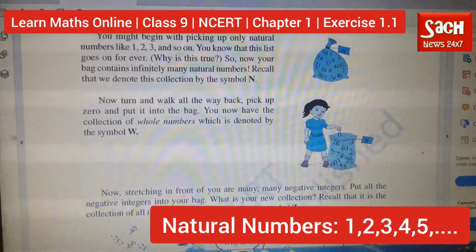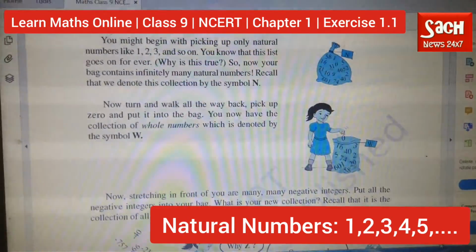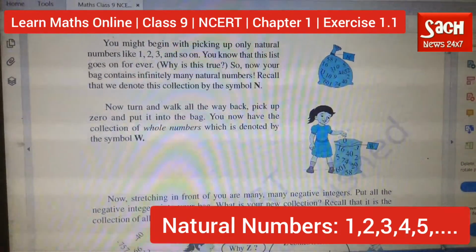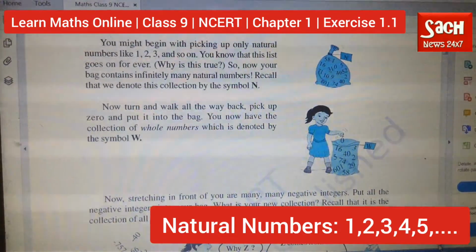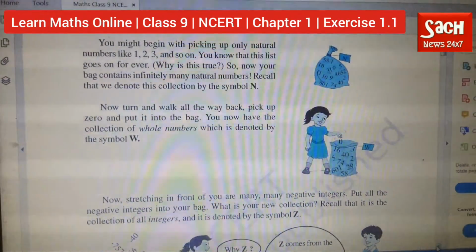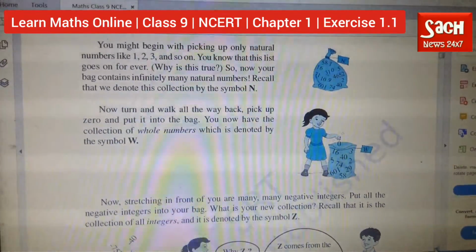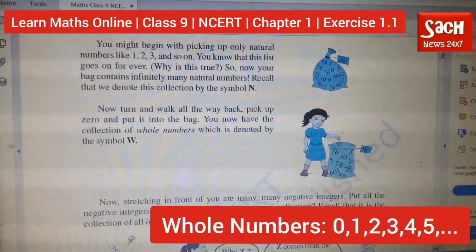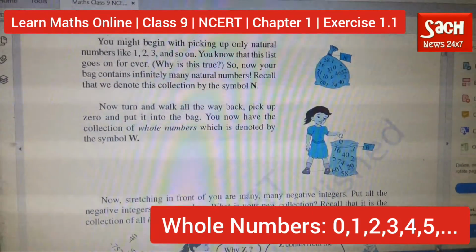Have you heard of natural numbers? Natural numbers start with 1, 2, 3, 4, 5, 6 and so on. All these numbers are natural numbers. If you add 0 to it, then 0, 1, 2, 3, 4, 5, all these numbers are whole numbers.